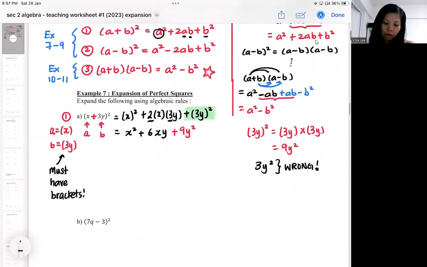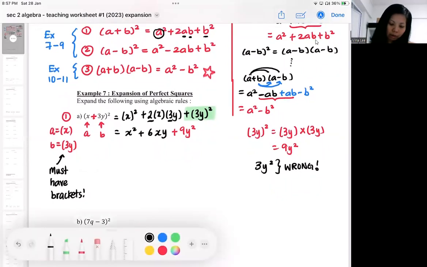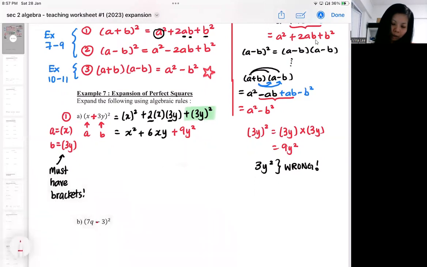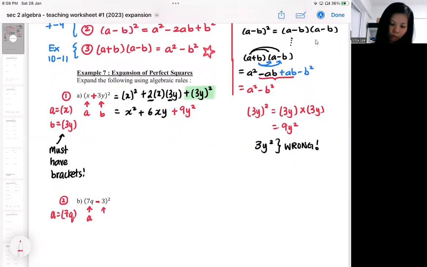In the next one, it's a subtraction. If it's something subtract something, I should be using formula number 2. This will be my a, and this will be my b. Do you realize I bracket up my a and b?